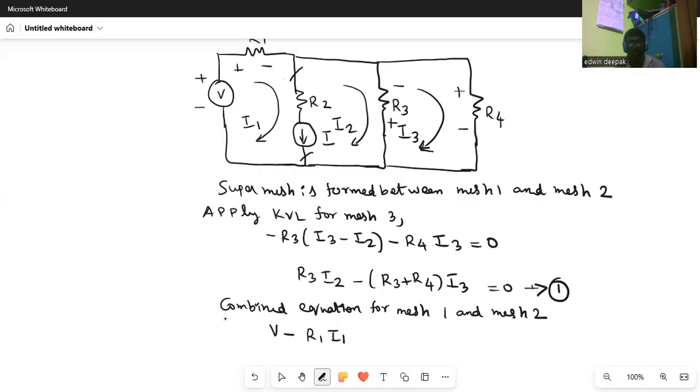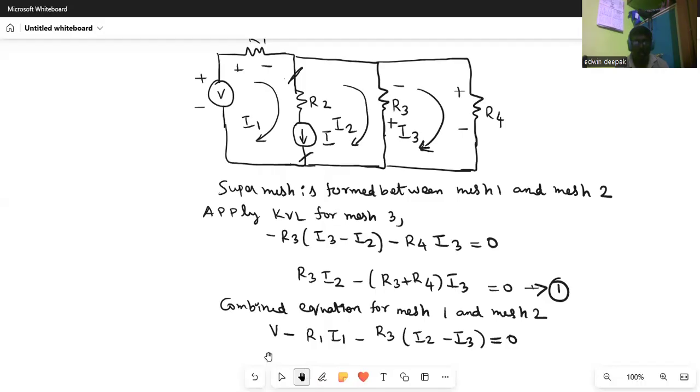Combinedly we are writing, and next we proceed to this branch: minus R3 into (I2 minus I3) is equal to 0. We are completely ignoring the current source branch and writing the voltage drop by combining these two meshes.